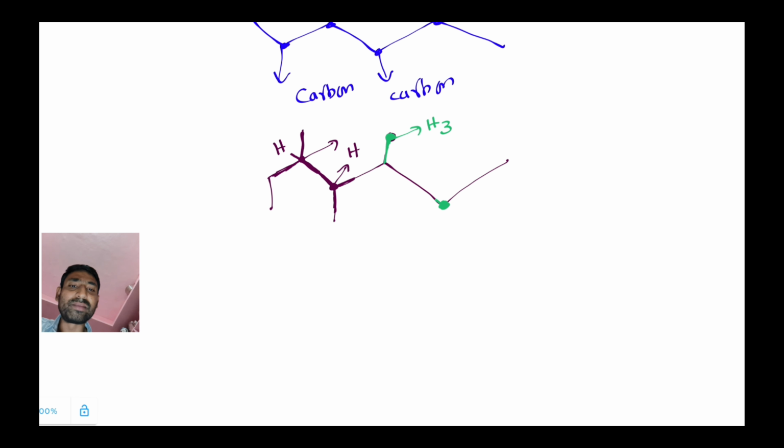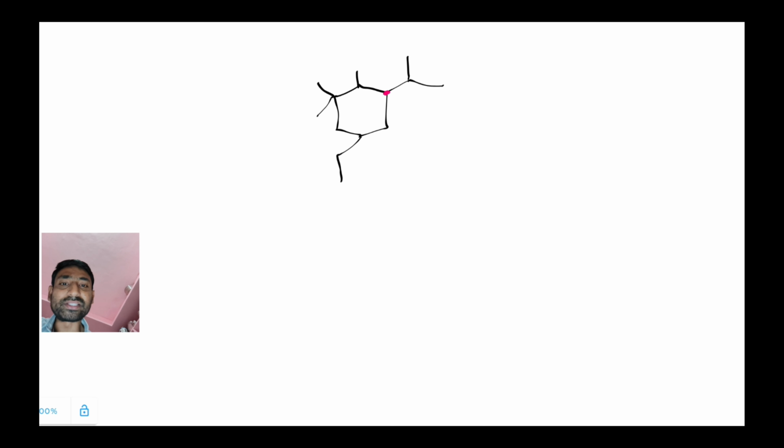Now let's move to another example. How do we look at this molecule? If you take this carbon, 1, 2, 3 bonds are there, so there is CH. Here there is one carbon with a single bond, so the remaining 3 are hydrogens, which means CH3.